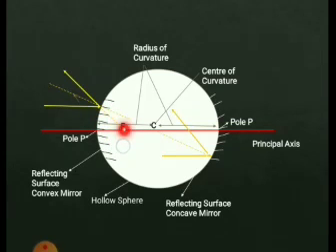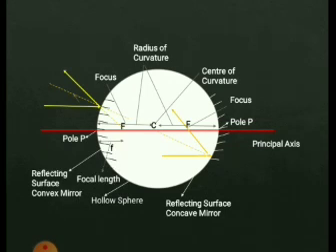This point is known as the principal focus, and this one is also the principal focus. For the concave mirror, this is the focus, and here also it is the focus.